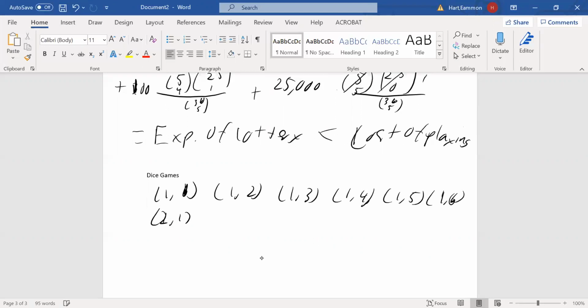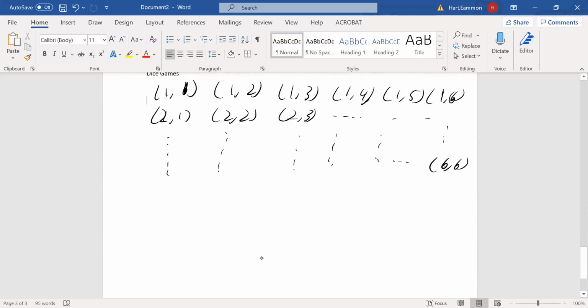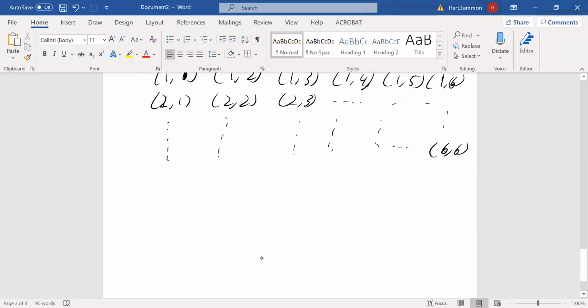There's 36 possibilities here. 6 possibilities for your first die, and 6 possibilities for your second die. And you want to know what are the odds that you get something that adds up to 7.